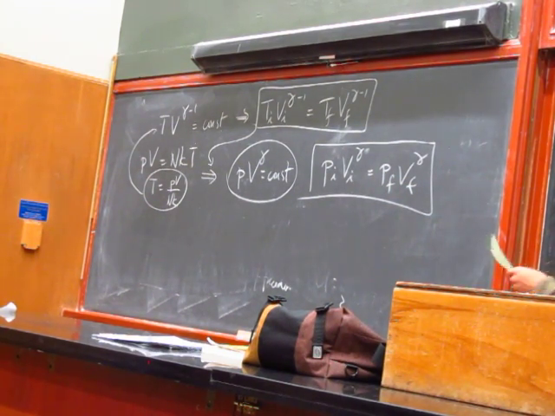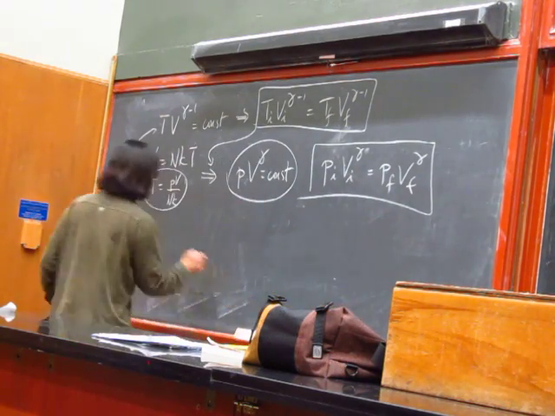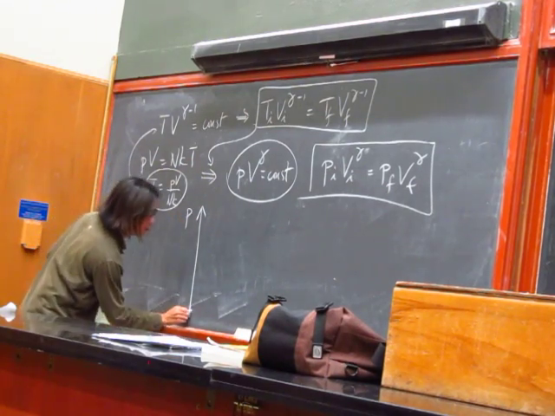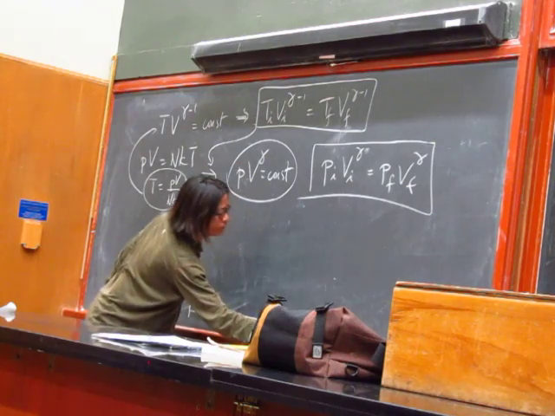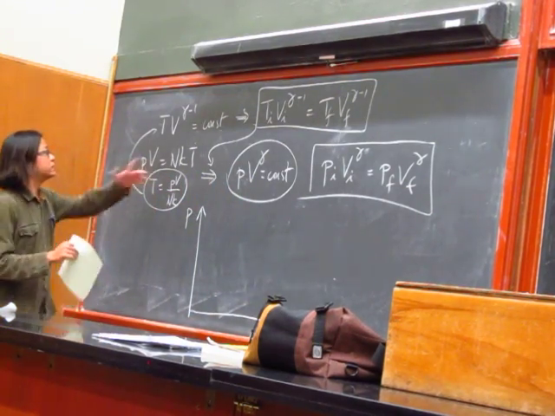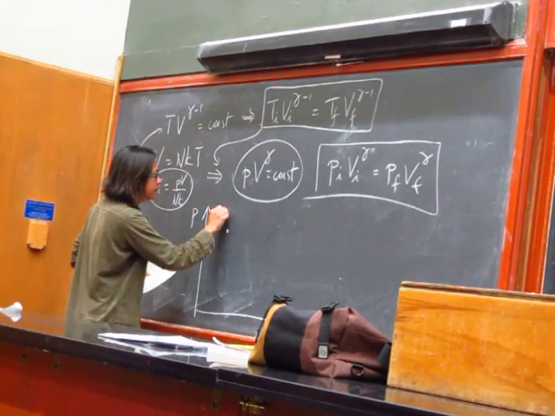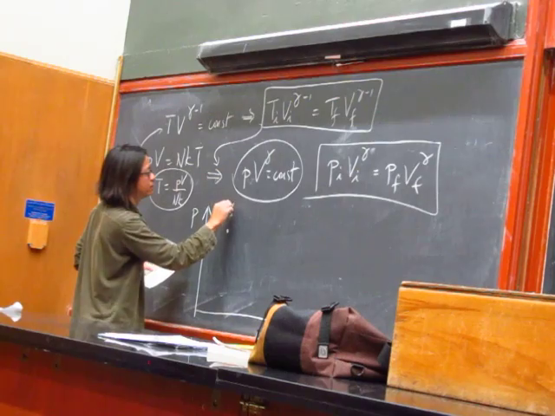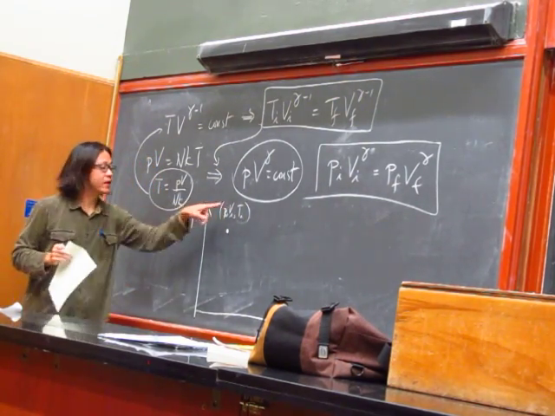So, how does this look on a PV diagram? So you do initial condition. Suppose you start over here at some P initial, V initial, and temperature T initial, and they are related by the equation of state.